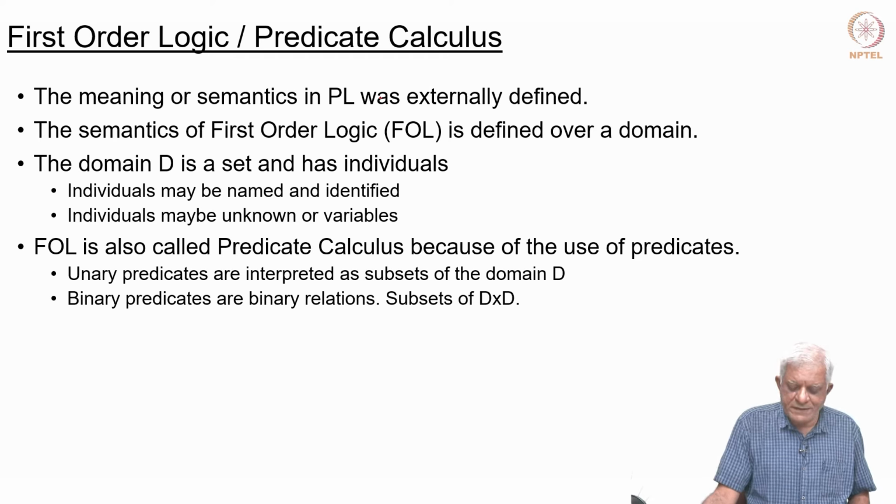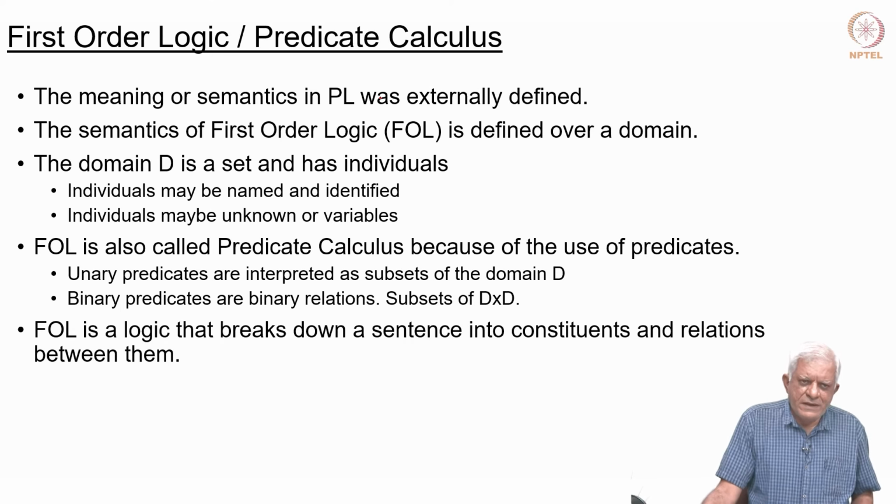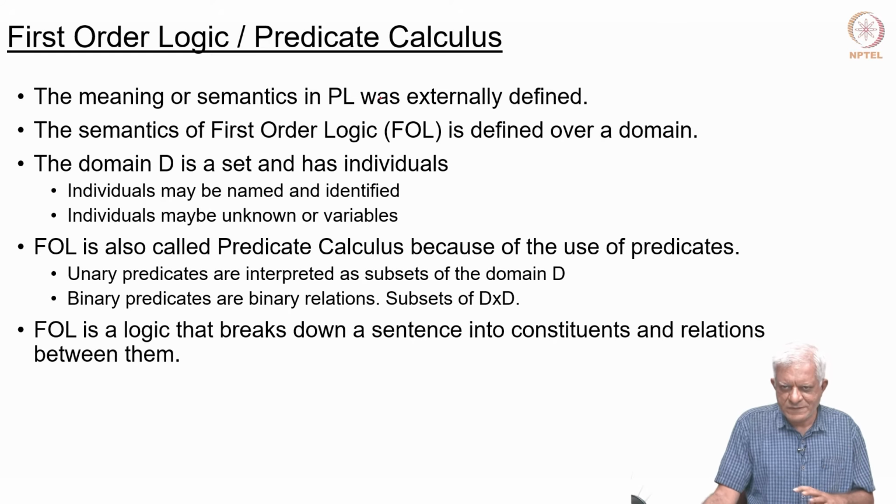Binary predicates are binary relations and they will be subsets of D cross D, where D is the domain. We will look at these concepts as we go along. FOL is a logic that breaks down a sentence into its constituents and relations between them. So, between man and mortality for example. So, that is no longer treated as an indivisible or an atomic sentence.